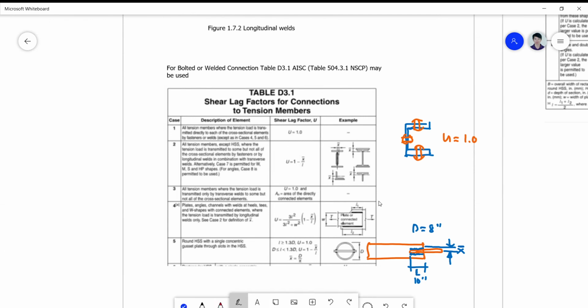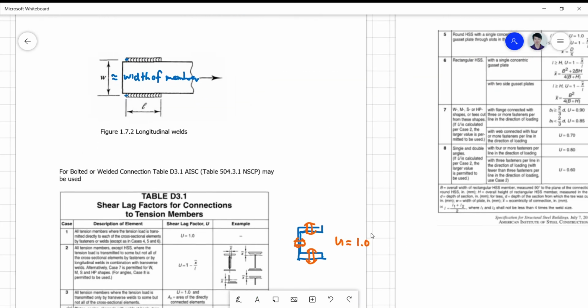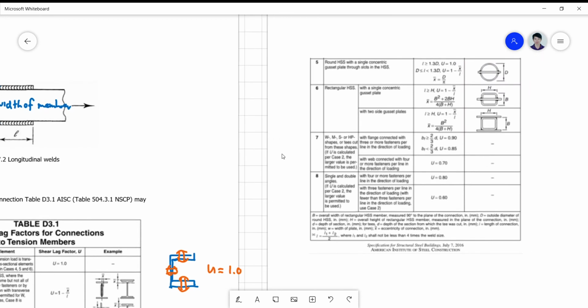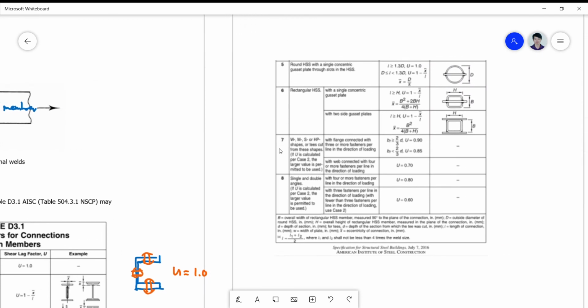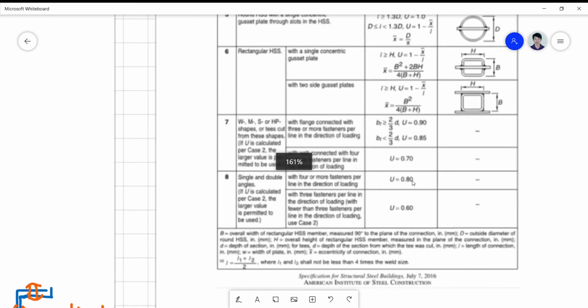So other cases defined on the table, 5, 6, 7, or sorry, tapos na tayo sa 5. 6, 7, 8 are also still for welded and bolted connection.